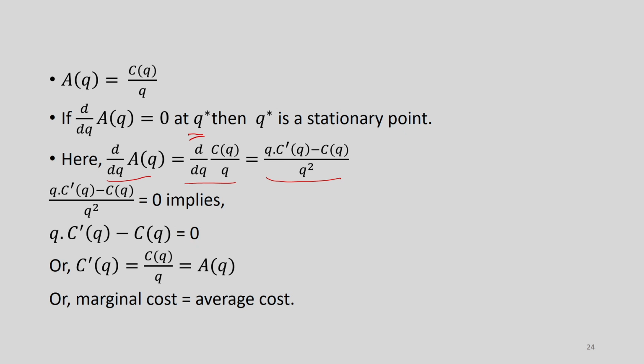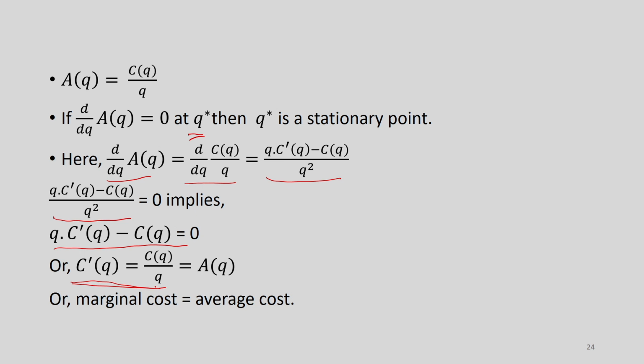Now, if we have a stationary point, then this has to be equal to 0. The derivative has to be equal to 0 for a stationary point, and that means that the numerator is equal to 0, which is equivalent to saying that q multiplied by C prime q minus C(q) is equal to 0, and I can take C(q) to the right hand side and divide both sides by q.